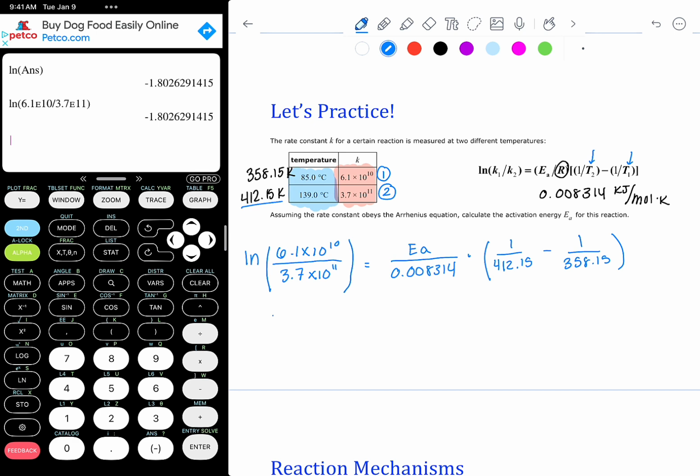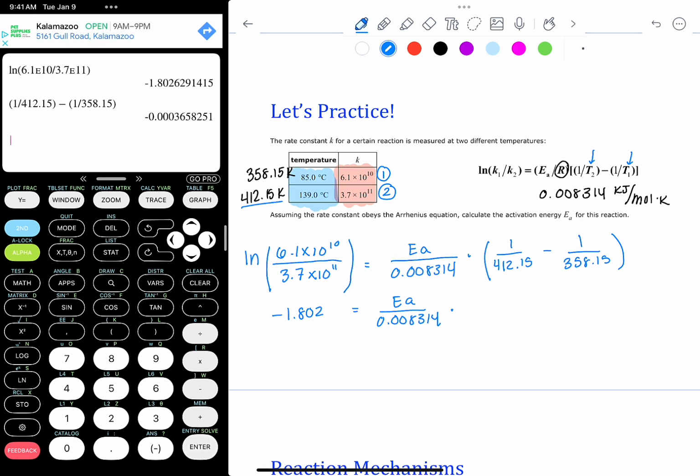Okay, so we get negative 1.802 on this side, EA over 0.008314, and then we do, let's use our parentheses wisely, 1 divided by 412.15 minus 1 divided by 358.15, and that gives us a negative 0.000365.